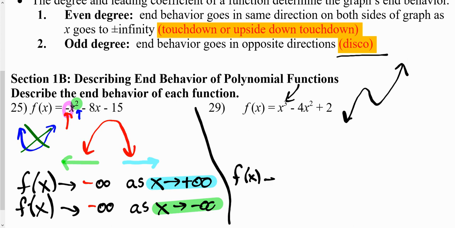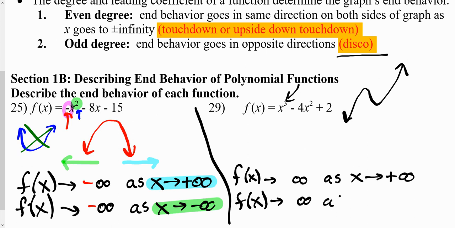Once again, when you're looking at end behavior, it's always going to be this statement, and all we have to do is adjust what's in front of those infinity signs after the f of x. So once again, x approaches positive infinity.